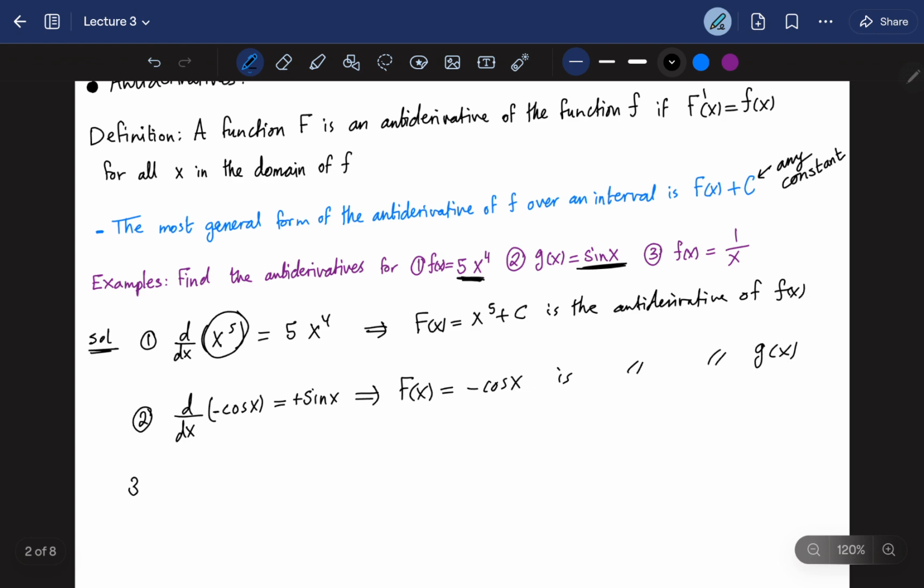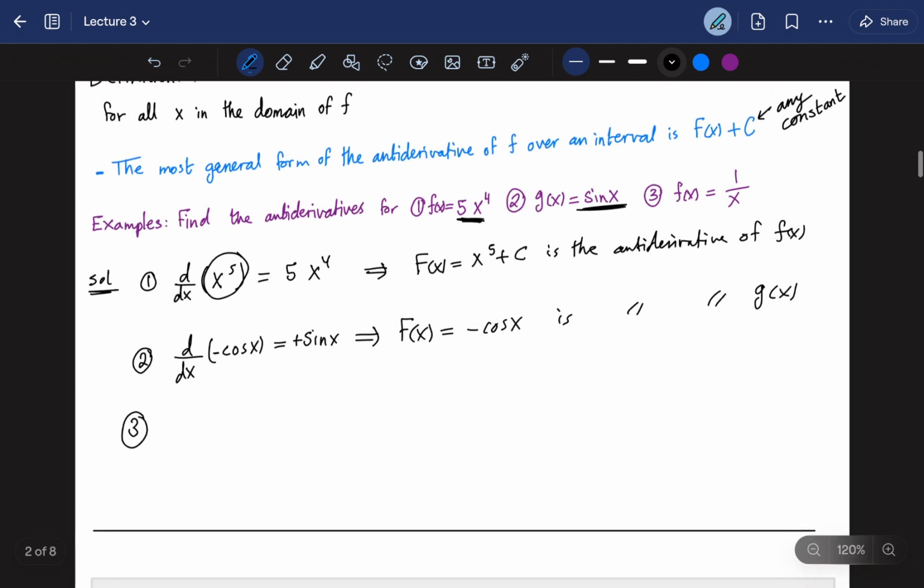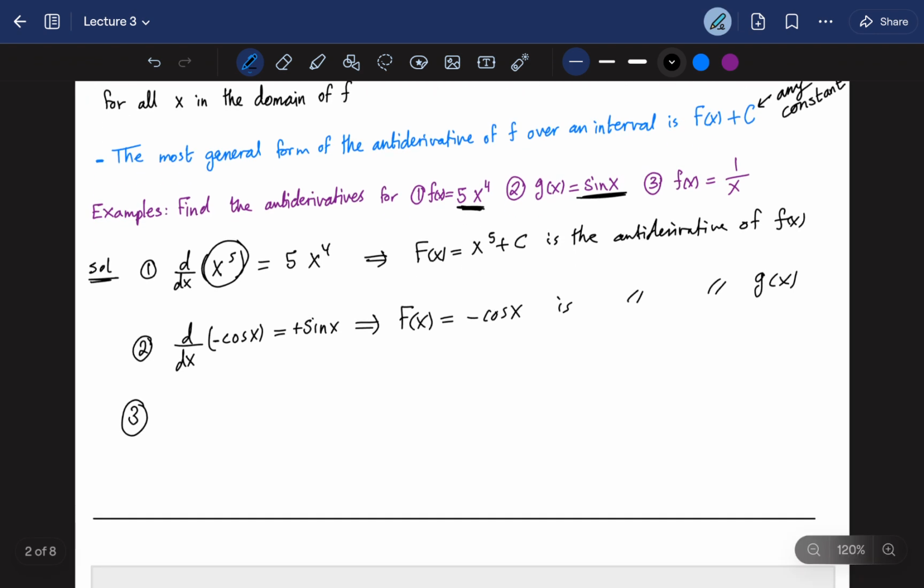And lastly, let's try f of x equal to 1 over x. Let's try and find the antiderivative. So here, also from the rules of derivatives, let's try and find the derivative of ln of x. If you know the rule, this is just 1 over x, where x is bigger than 0.